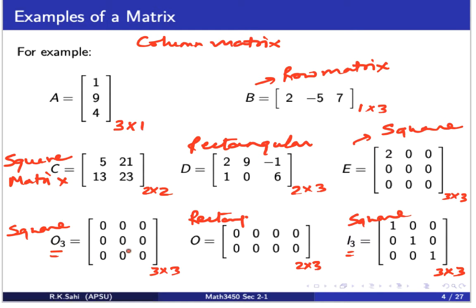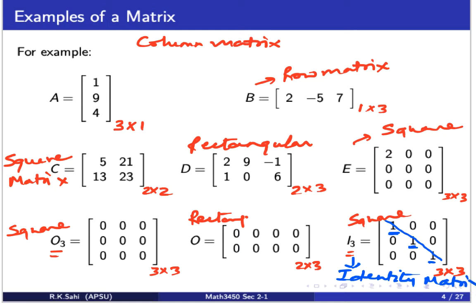Now the difference between O3 and I3 is that in I3, the diagonal elements, which by convention we start from the top left and go down, are all 1. So this has a specific name called an identity matrix.